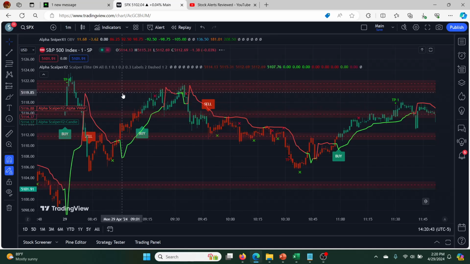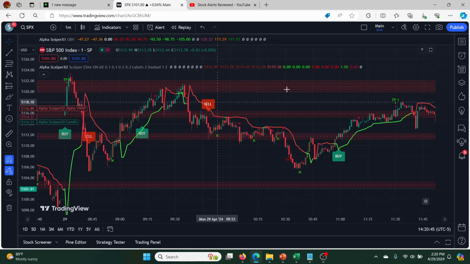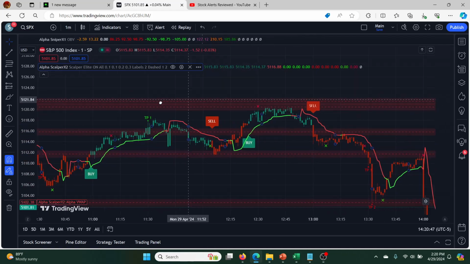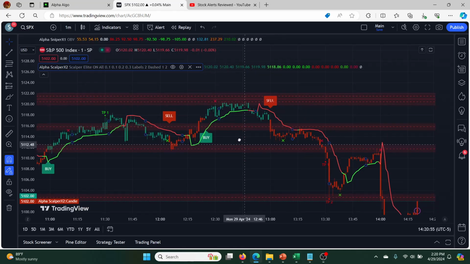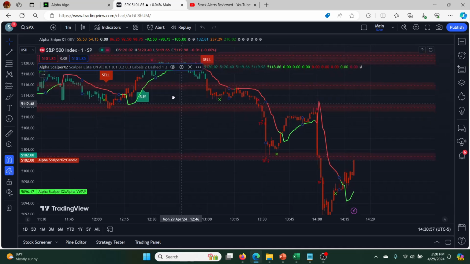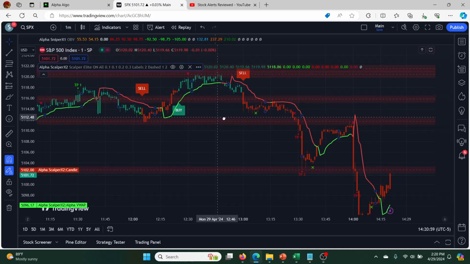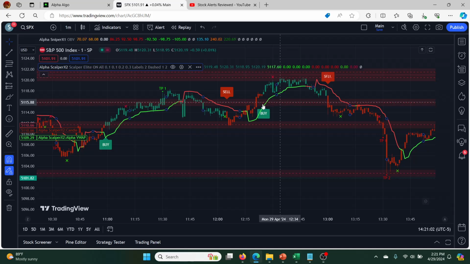And usually indicators work better on the longer time frames, but most of these are working pretty well on the 1 minute. To the point where I don't even believe this is a 1 minute time frame, because normally these signals would take a lot of optimizing, like on Algo Pro, to get them to work so well in the 1 minute time frame. You can see these signals are very, very accurate.